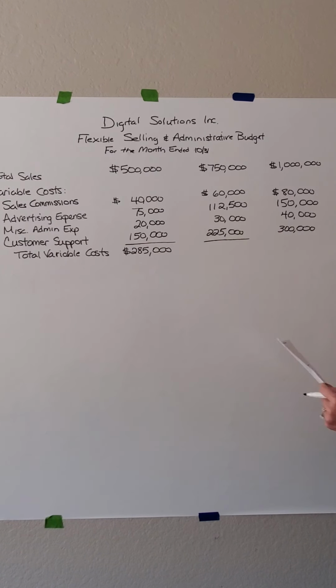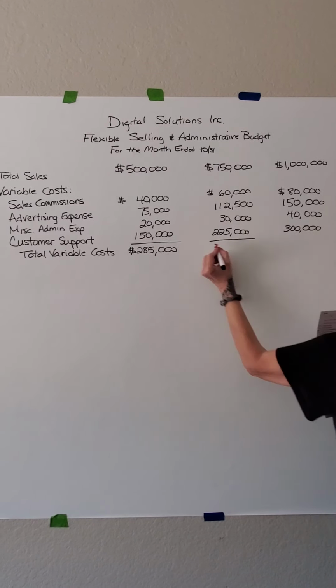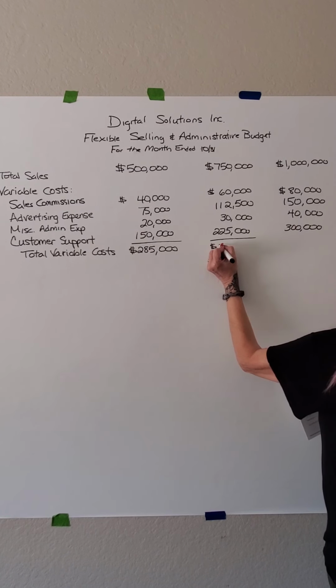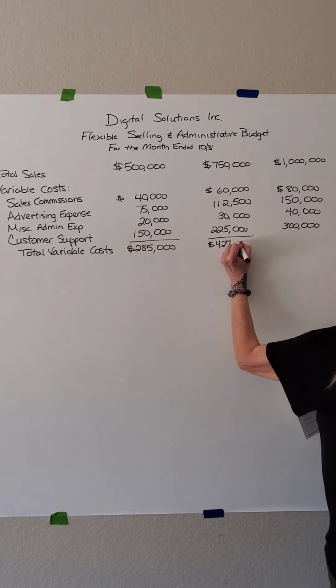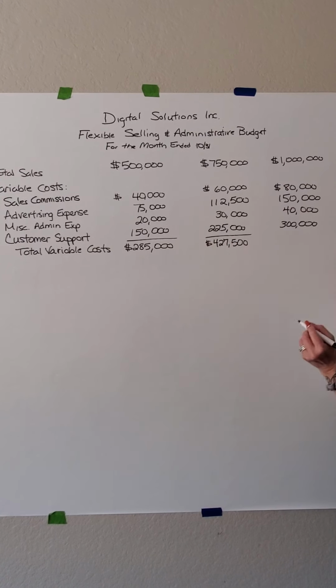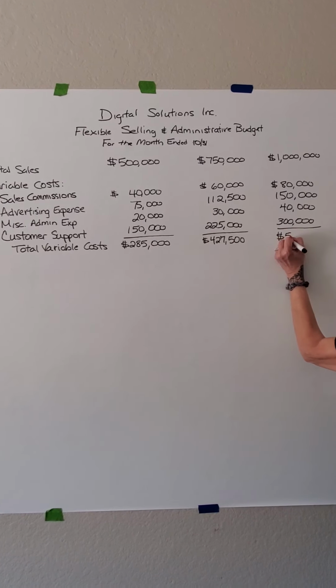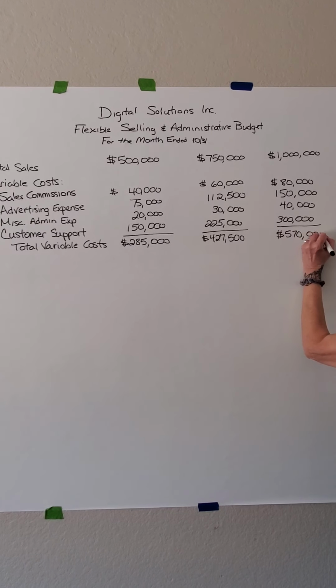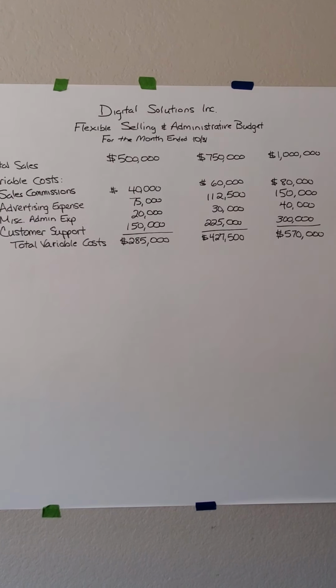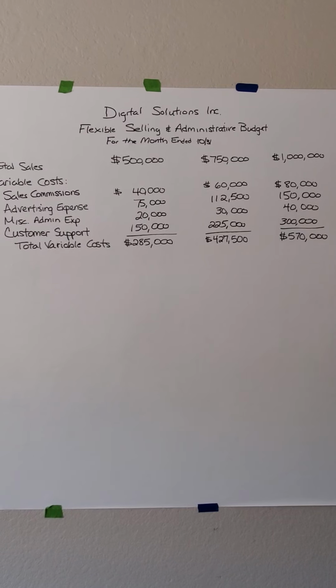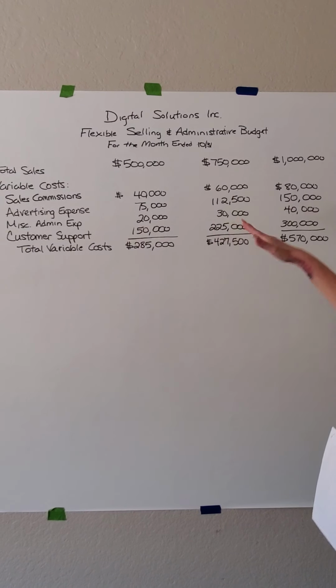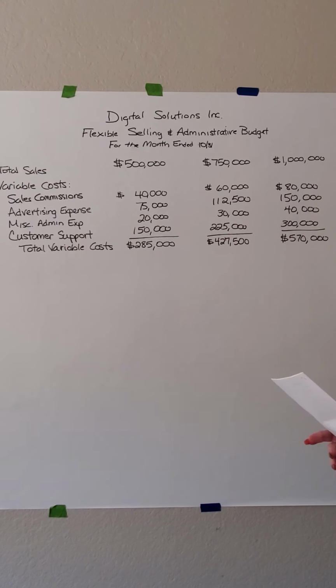If we're at 750,000 in sales, we have $427,500 in variable costs. And then with $1 million, we have a total of $570,000 worth of variable costs. So that's the first component. It's very easy for management to see at the different level of sales what our variable costs will be.